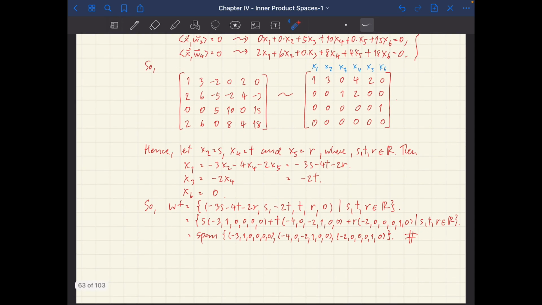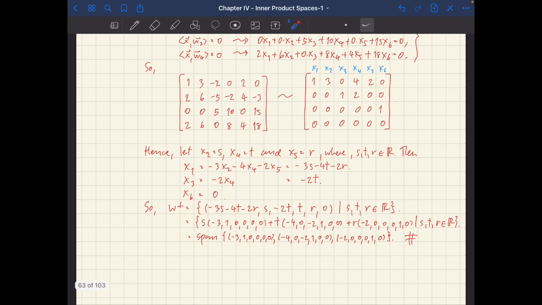Now we need to find what the basis for W perp is. It's easy to see that this set is linearly independent, right? Why is this set linearly independent?